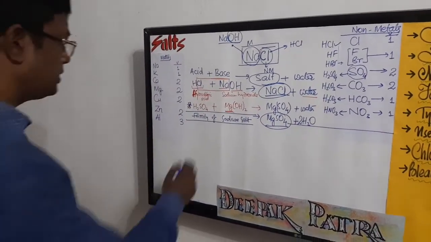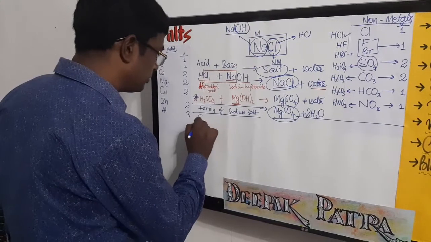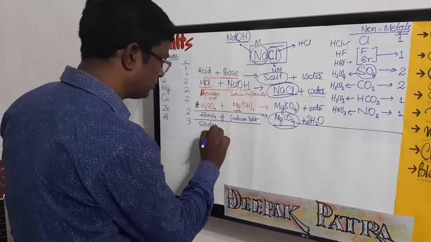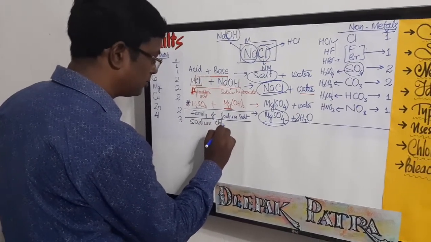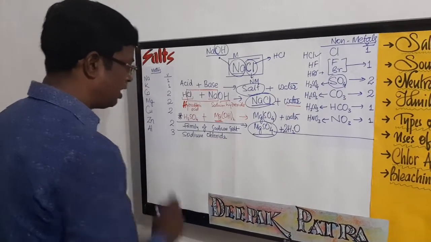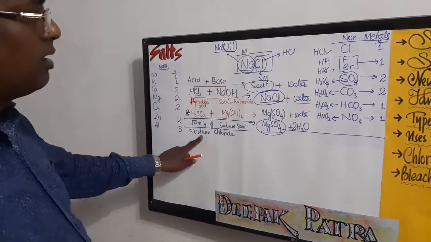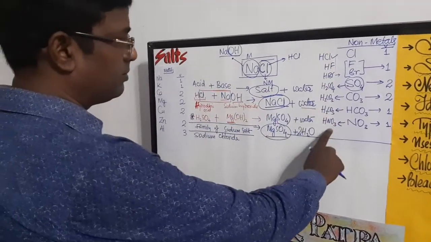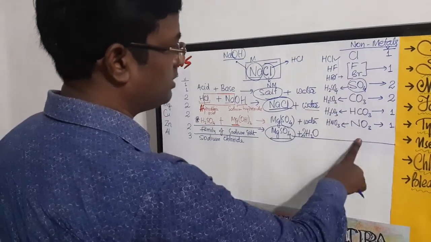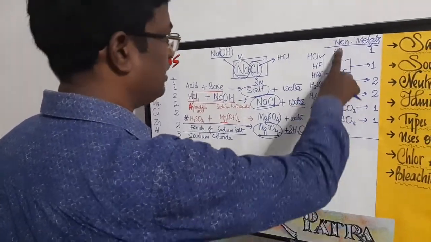Very easy. First, sodium chloride. Along with the sodium metal, add all of them, the negative part. Then you get the respective salt.